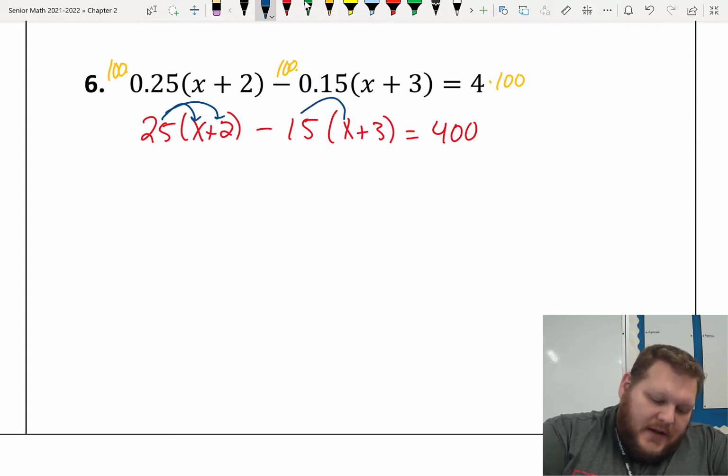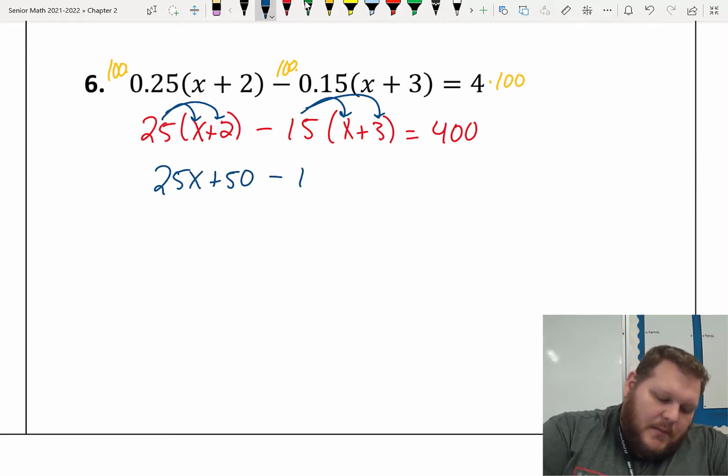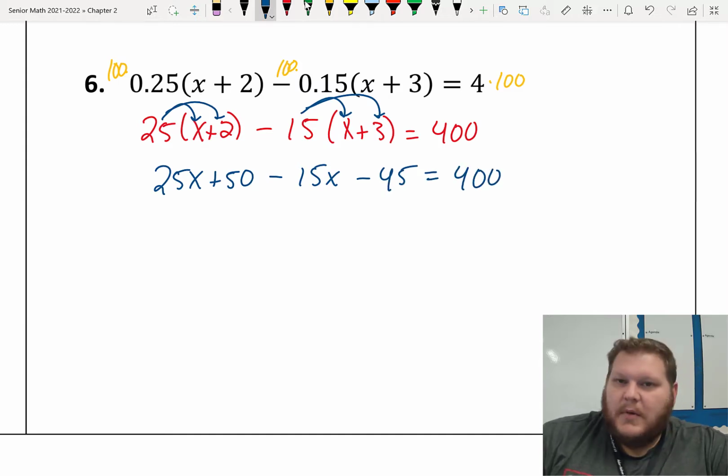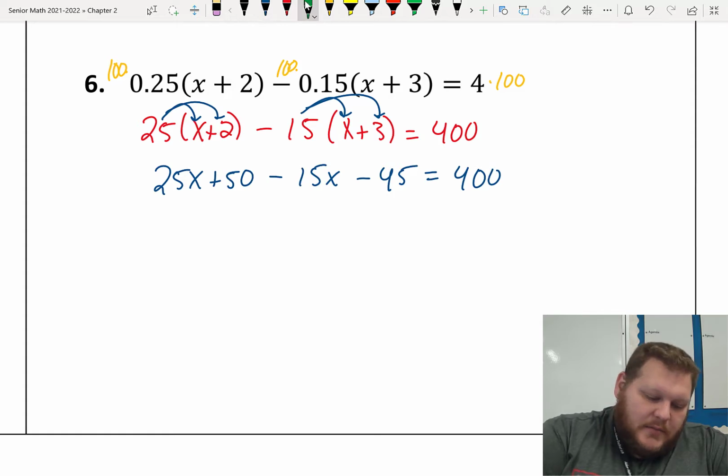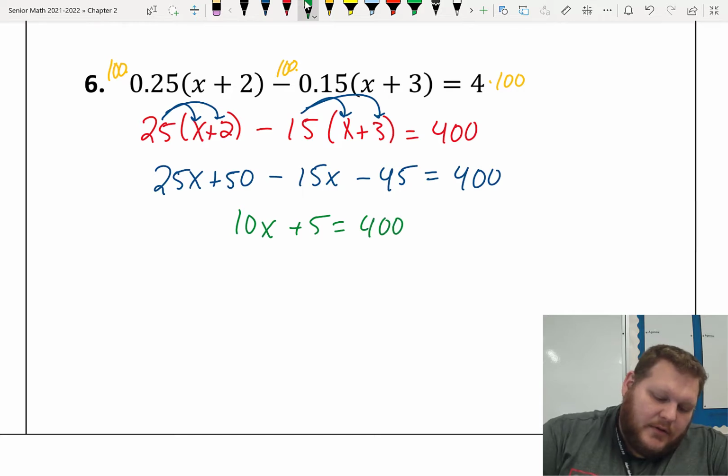Distribute my 25 and my negative 15. So 25x plus 50 minus 15x minus 45 equals 400. I collect up my like terms. That gives me a 10x plus 5 equals 400.